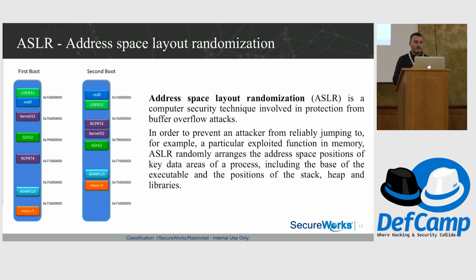So even if at the first reboot kernel32, for example, is loaded at a specific address, after a second reboot it will be loaded at a different address. This means that when they exploit the vulnerability, the attacker cannot take into consideration fixed memory addresses for some DLLs that may contain useful code for them.